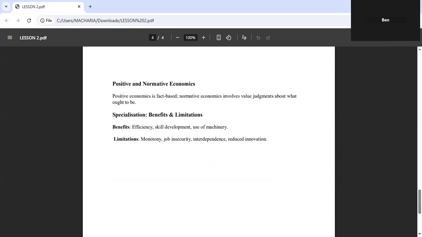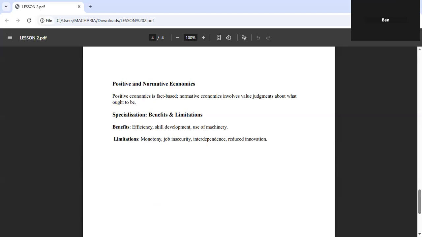I've also said that we have two major types of economics. We have positive and normative economics. Positive economics is fact-based. Normative economics involves value judgment about what ought to be. And we have ended up with specialization.